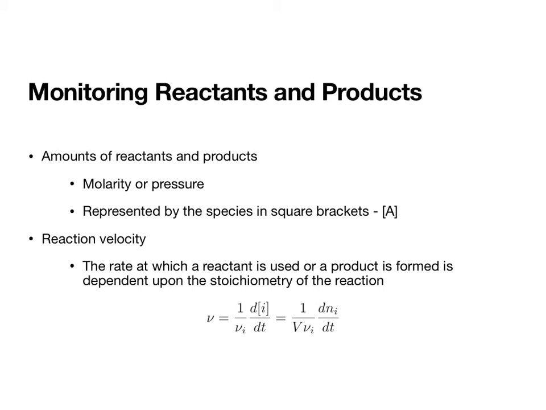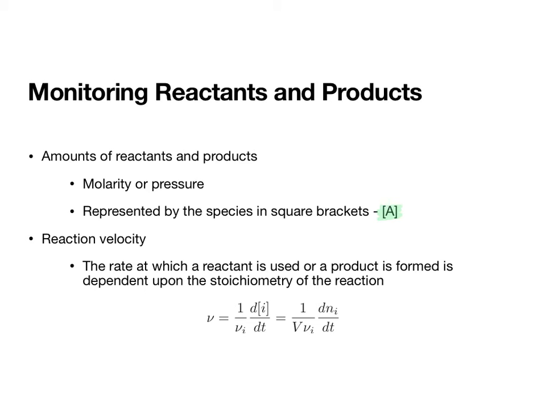And so to represent this so that we don't have to have units flying around everywhere, when we put a species in square brackets, this is going to represent usually the molarity, but it can also be the pressure if we're working in the gas phase and not the solution phase. So watch for those square brackets and know that that is a representation of concentration or amount.